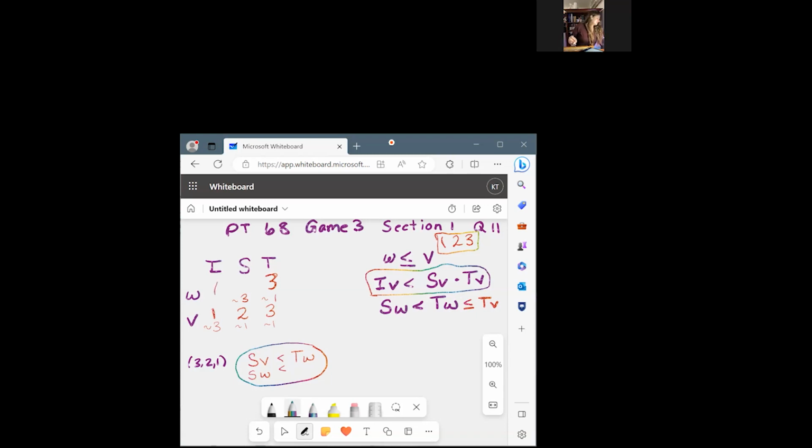Can anyone tell me anything about SW? Could SW be 2 or 1? Yeah, why do you think that? Since SV is 2 and from the first rule, W has to be less than or equal to V, that could be 2 or 1 for SW.